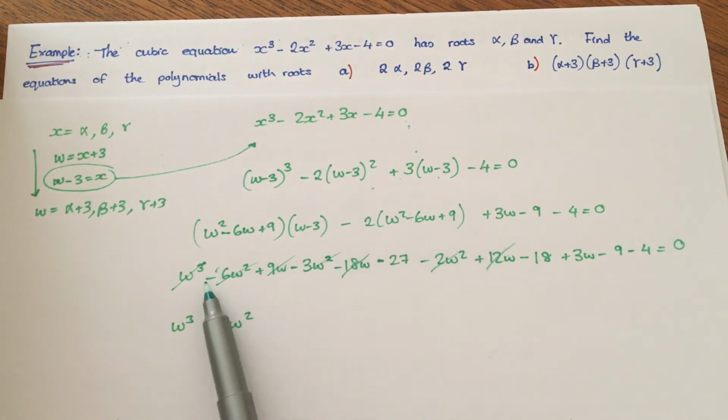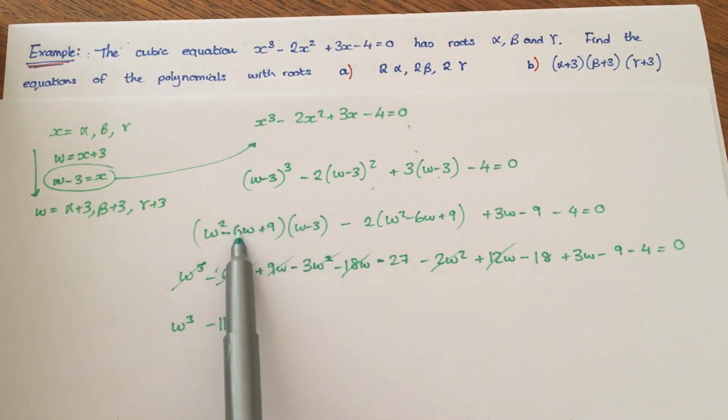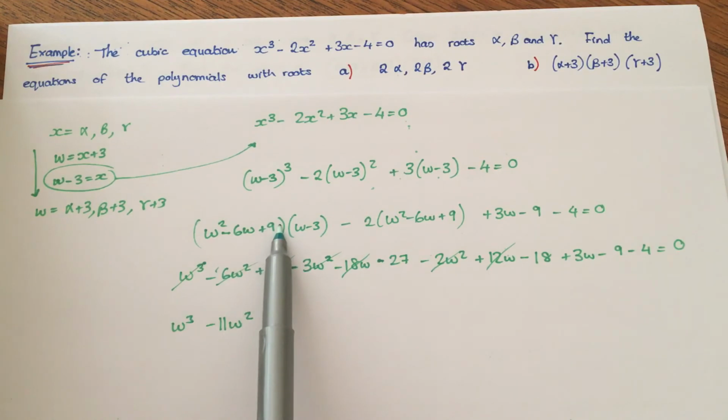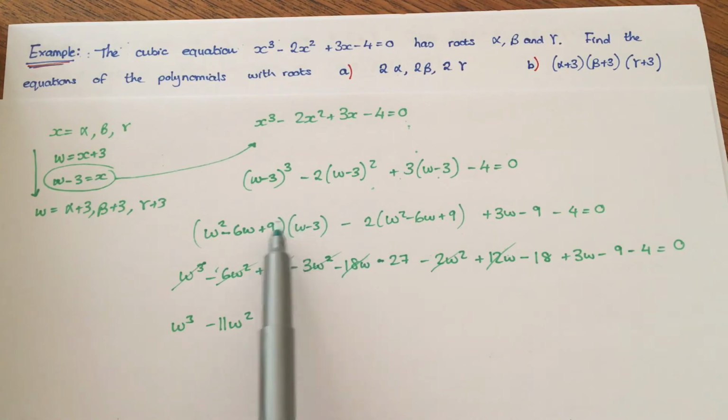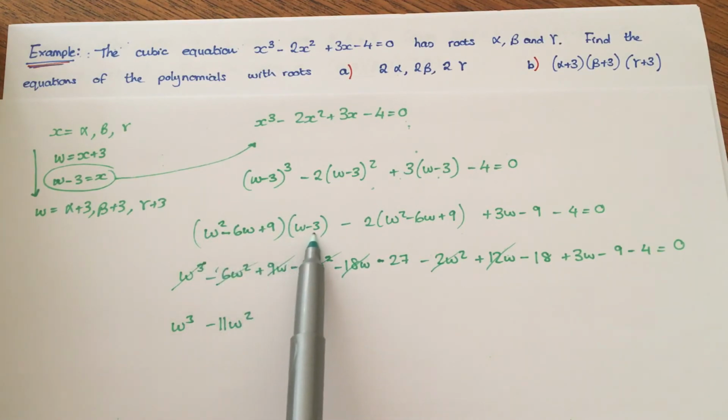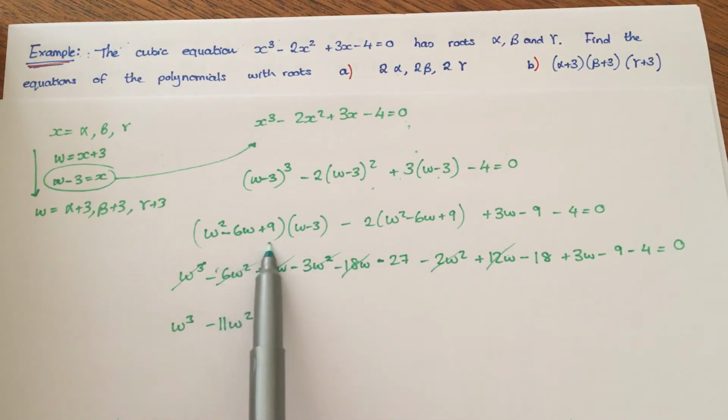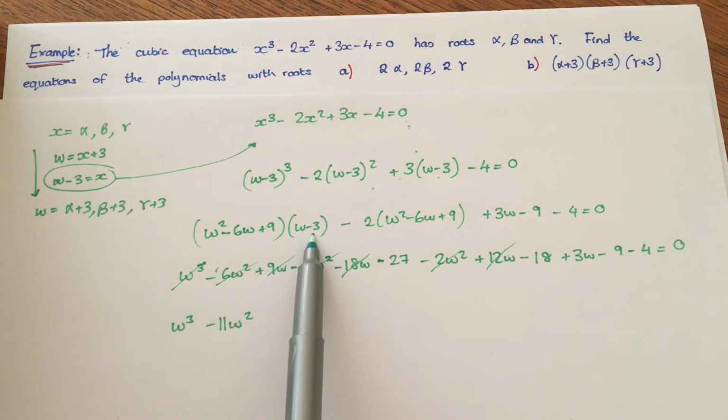Right, I've made a mistake here. So what have I done? w cubed minus 6w squared plus 9w, minus 3w squared, minus 18w. What have I done?